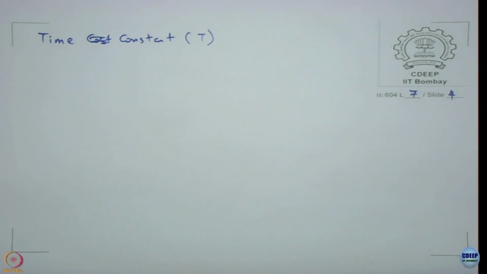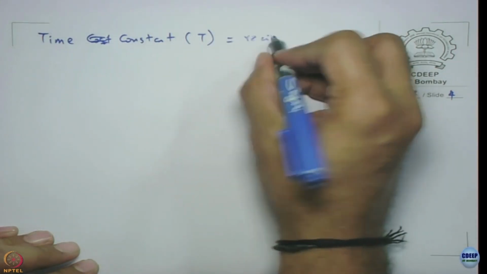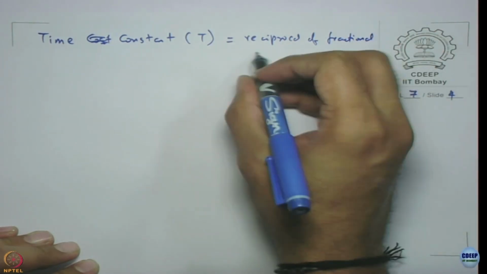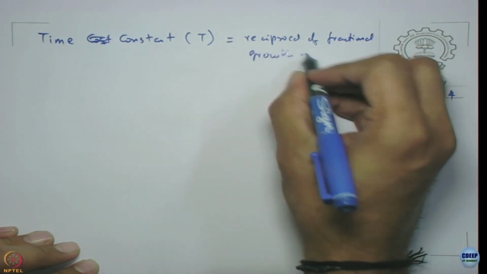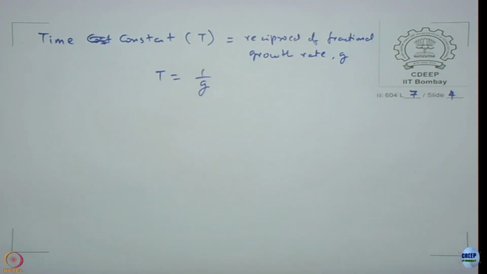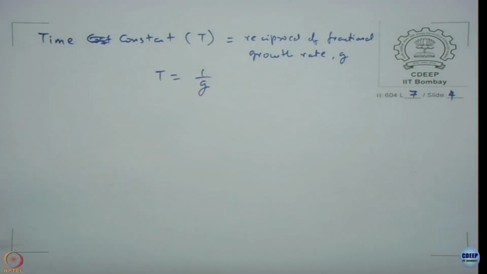Let us define it as capital T, which is nothing but the reciprocal of the fractional growth rate g, that is, T is just defined as 1 over g. Of course, since the unit of g is 1 over time, capital T's unit is time. Where it is useful is, wherever we are looking at interest rates, sometimes it could be the delay.